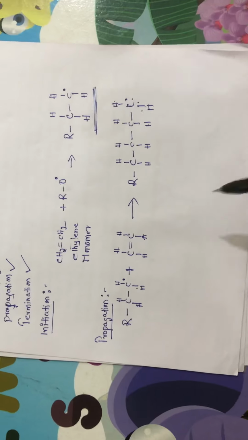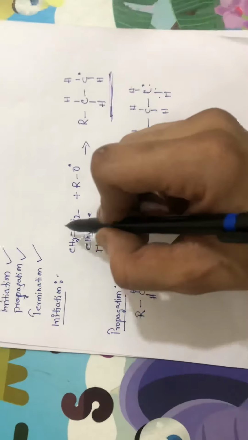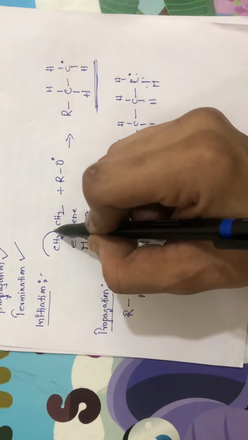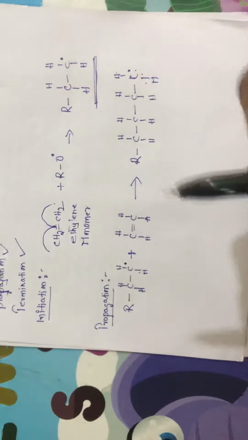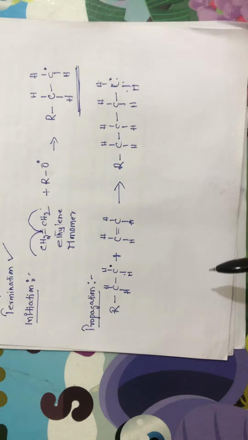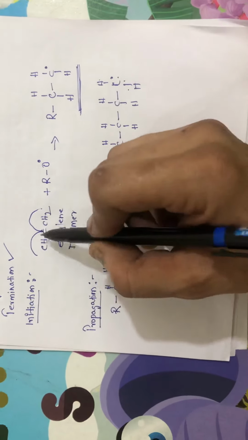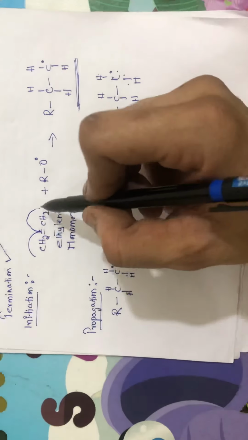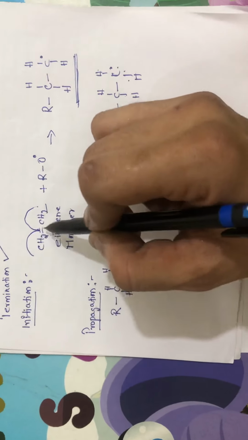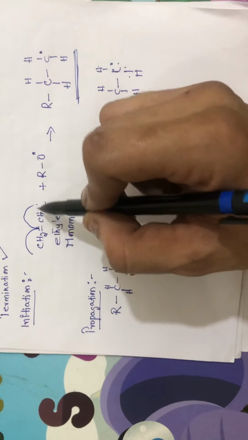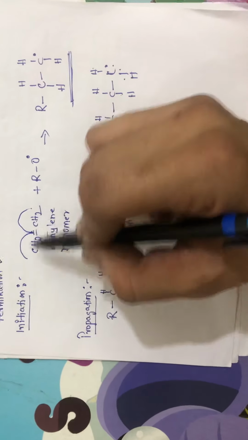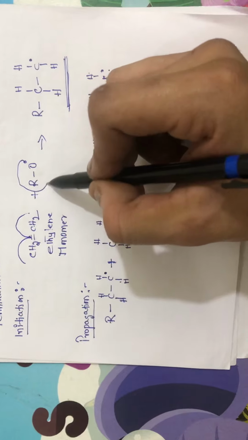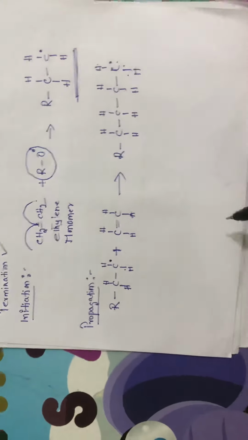This can be easily understood with a simple mechanism. Here a double bond is there, right? This will break into two. When this breaks into two active sites, it will form an active site at each carbon. That's why the free radical easily comes and joins with this.